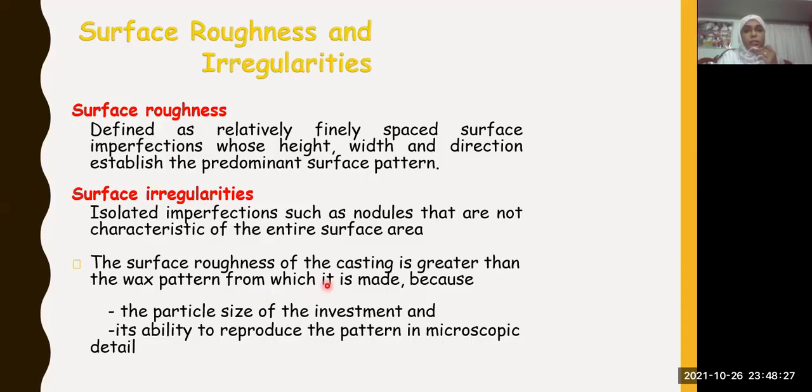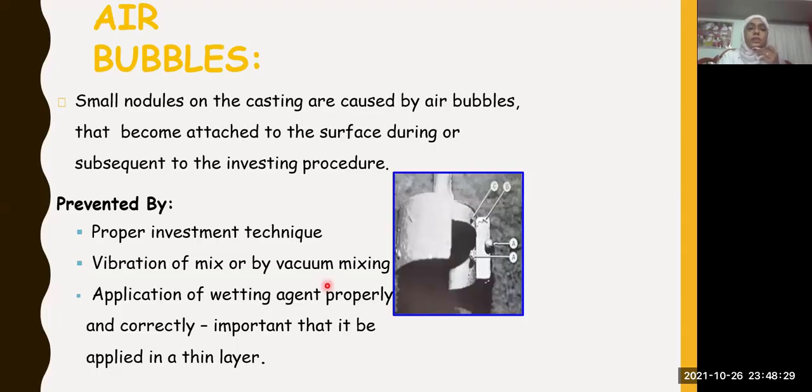in microscopic details. So the next defect is air bubble. Air bubbles are nothing but small nodules which you can see on the casting surface. And these nodules get attached to the surface during or subsequent to the investing procedures, because of the air that gets entrapped inside. So how you can prevent it is you have to follow a proper investment technique.